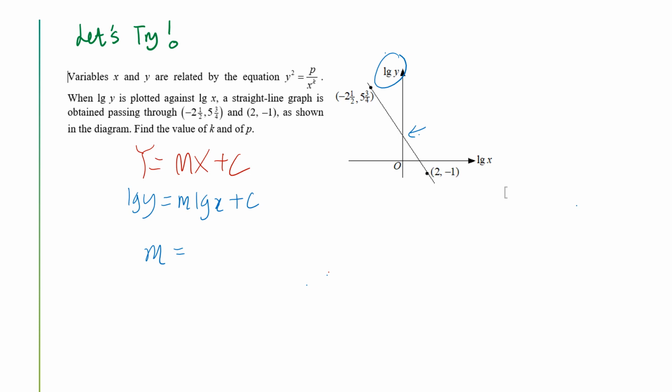So gradient is just 5 3/4 minus negative 1, over negative 2.5 minus 2. Let's use the calculator to work that out. Right, you will get the gradient to be negative 3 over 2. So with that, let's put that into our linear form.